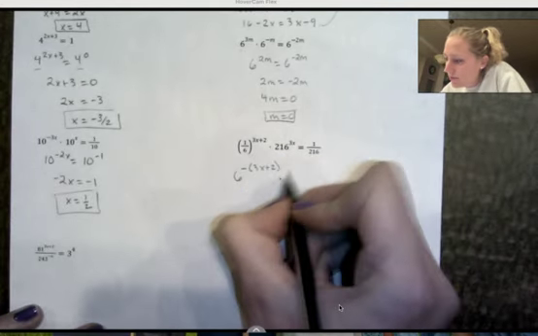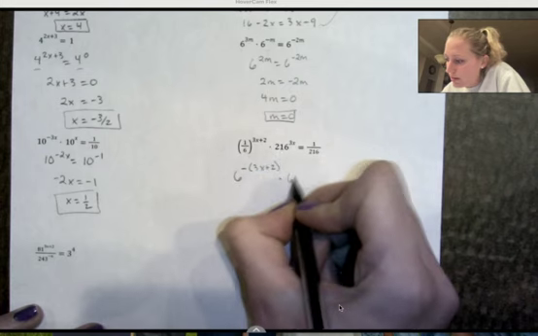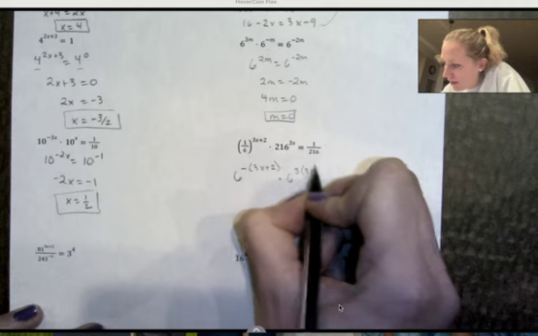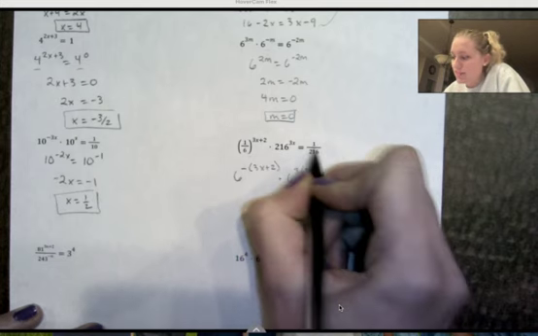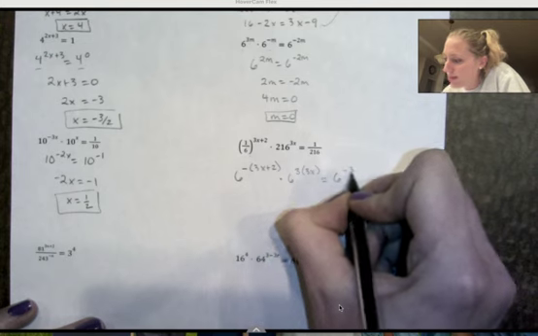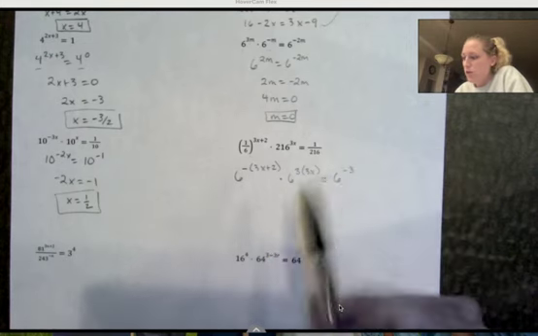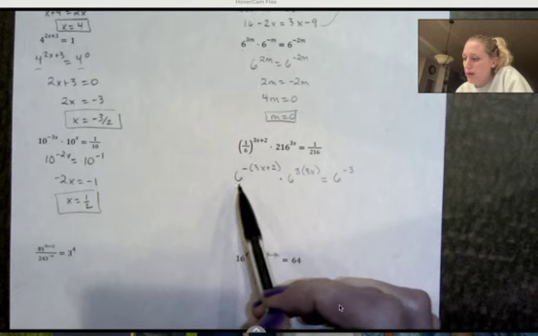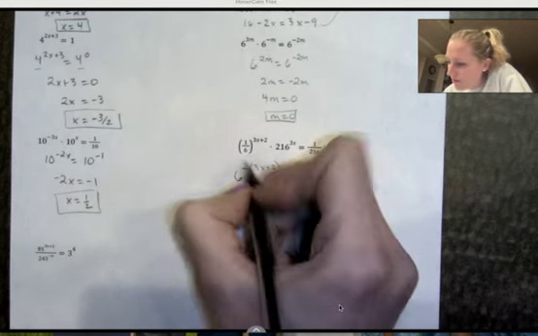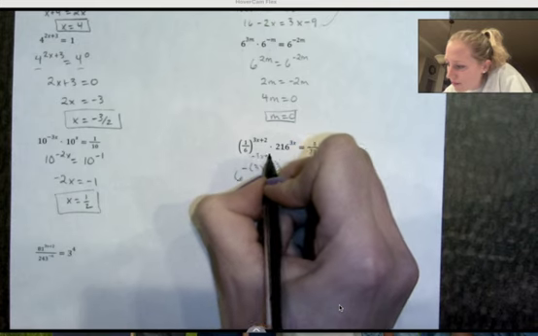Then times, so 216 is 6 to the third. So we're rewriting that guy. And then this one is 6 to the third, but it ended up in the denominator, so it was really 6 to the negative third. Okay, so now I'm going to combine these guys. So let's see, this is negative 3x minus 2.